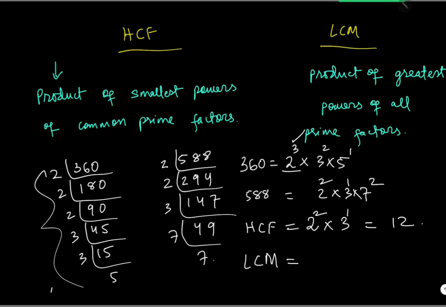So we can see here 2, we will be taking the greatest power. As for 3, we'll be taking the greatest power, and likewise 5 and 7. So our LCM will be, I have solved this beforehand, so I know that the result will be 17640. If you solve them, you will get the LCM of 360 and 588 to be 17640.